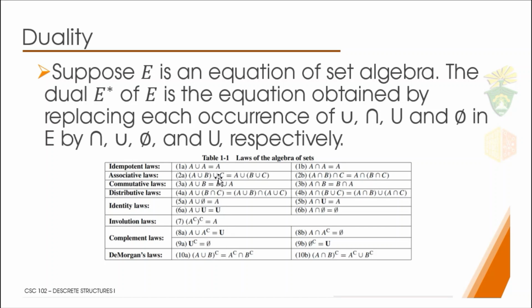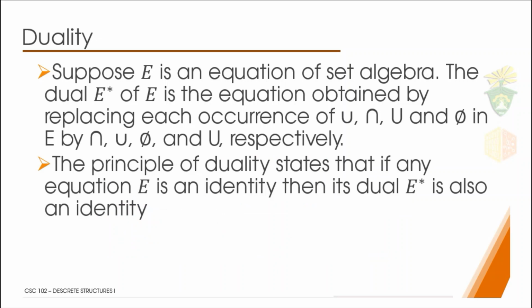As you can see here, we have all these laws, which are all true, and these laws are equations. If we replace all the union, intersection, universal set, and empty set, we get the following, which should also be true. Okay, so that is what duality means.